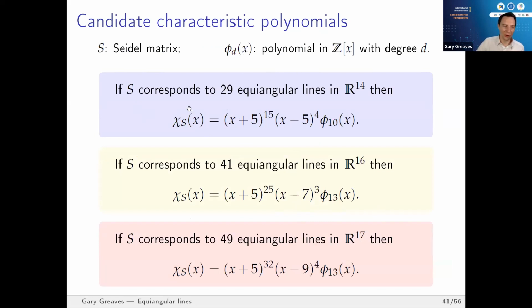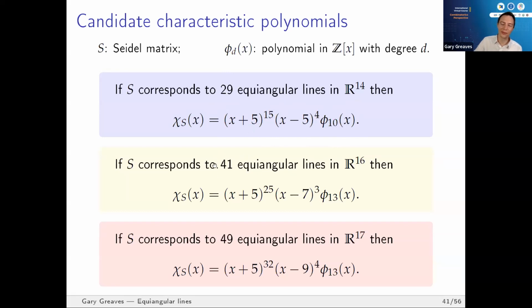And what we can show, I won't explain this, using some more advanced techniques, is that for the characteristic polynomial of a Seidel matrix that corresponds to 29 equiangular lines in dimension 14, not only do we know the smallest eigenvalue, but we can work out 4 other eigenvalues. And then there are 10 unknown eigenvalues.